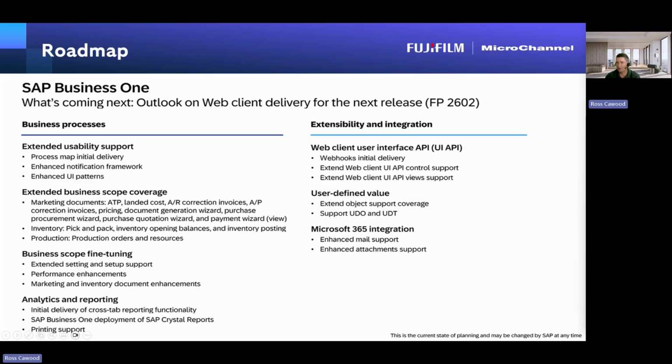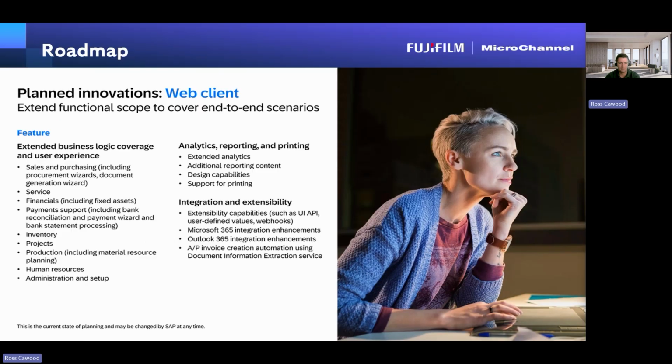If we look at what we are planning for the end of the year, hopefully it'll then be complete. They want to include all the different wizards, the document generation wizards, whether that's your purchasing process or service, they're going to complete that.